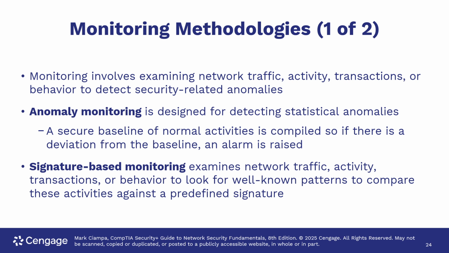So it's looking for anything that's out of place. Signature-based monitoring examines network traffic activity, transactions, or behavior to look for well-known patterns and compare these activities against a predefined signature. Okay, that's important. They're different here. Anomaly versus signature.